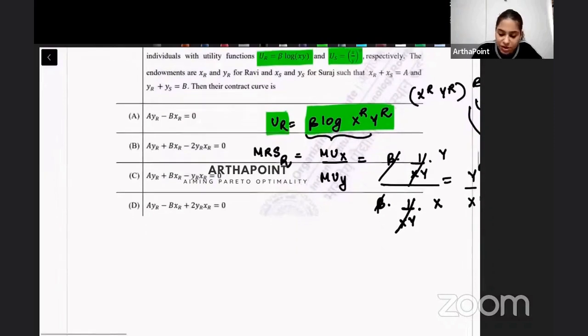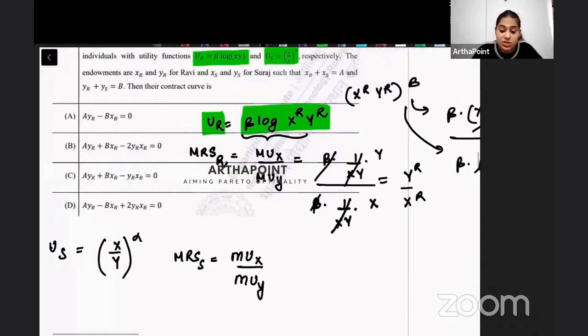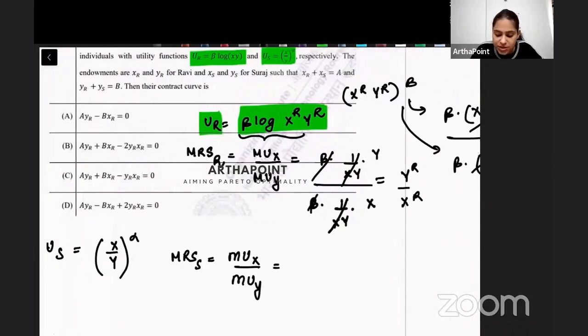Now find MRS for individual S. Again, if you look at this utility function, US, this is xy to the power alpha. If you want, you can take log and simplify it, or you can do this directly, up to you. So what is going to be MRS of S? MUX by MUY. When you differentiate this with respect to x, what will you get?